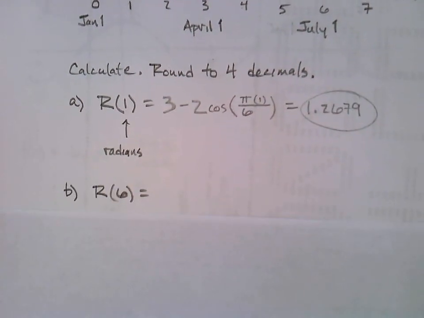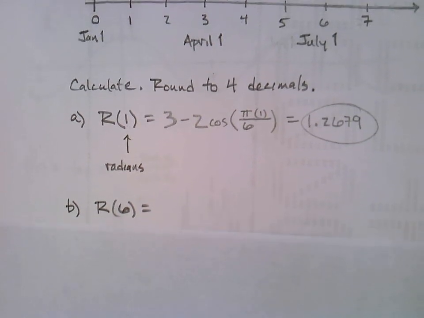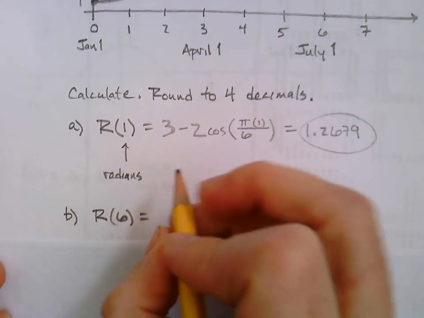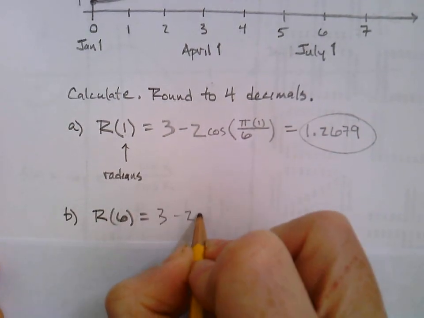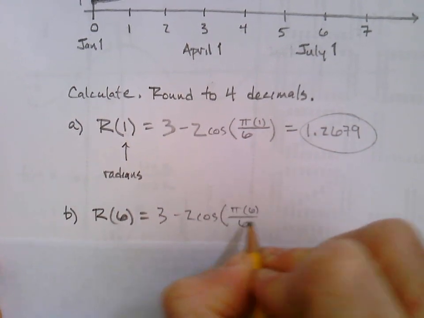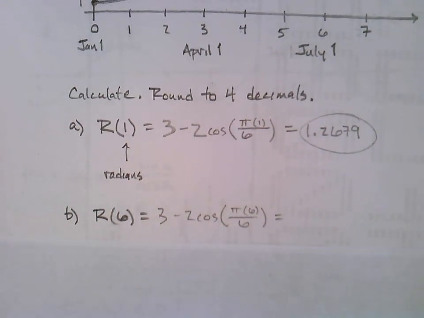Okay. Hey, how about R of 6? Well, put in t equals 6. We can just cancel those out, right? 6 over 6. So maybe you just say 3 minus 2 cosine of pi.